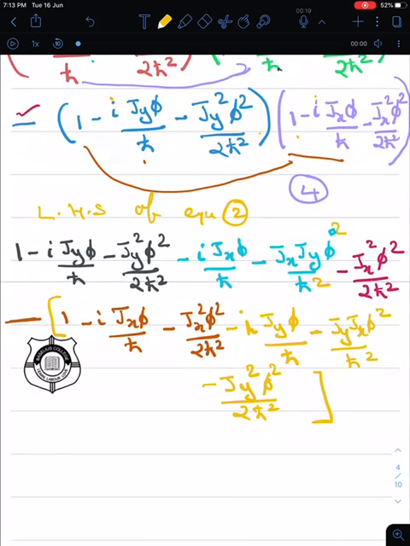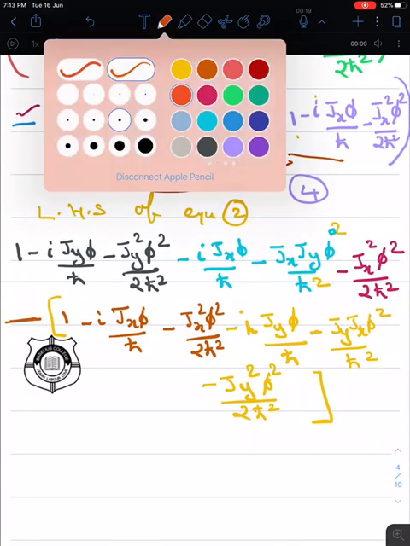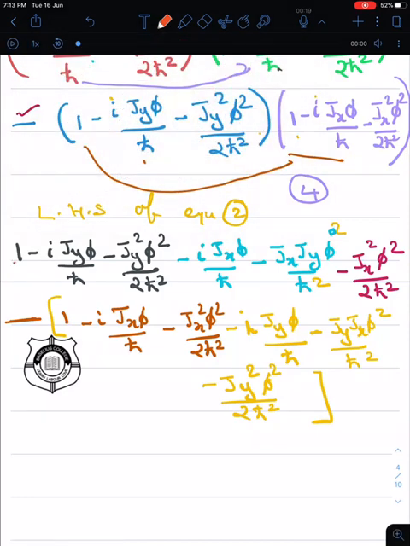So now we have to simplify this term. So just look, 1 and this minus 1 gets cancelled. Again minus i jy phi by h cross. Here also you have minus will become plus i jy phi by h cross. So this and this will get cancelled.